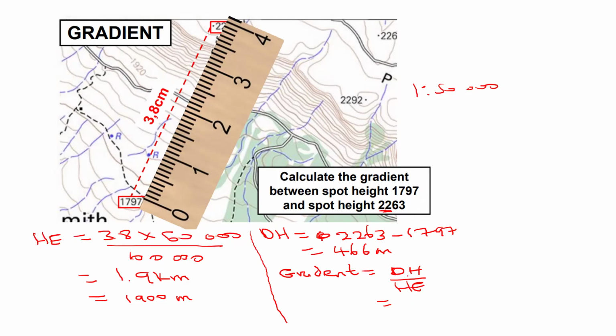My difference in height is 466 meters, divided by 1,900 meters, and my gradient is, I get 466 divided by 1,900, 1 is to 4.07.